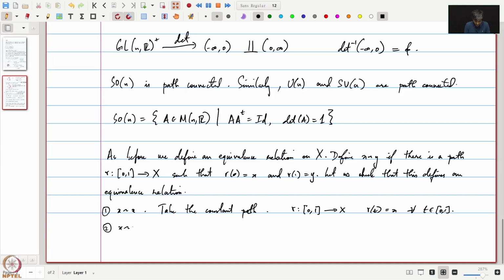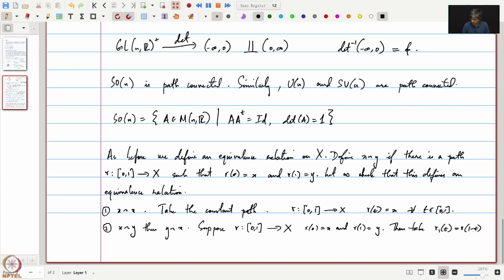The second is, if X is equivalent to Y, then Y is equivalent to X. Since X is equivalent to Y, there is a path gamma such that gamma of 0 is equal to X and gamma of 1 is equal to Y. Then define gamma 1 of t equal to gamma of 1 minus t.